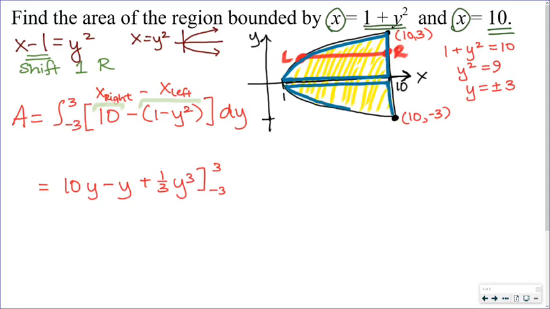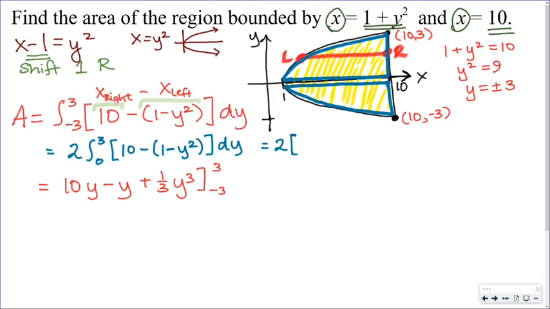So I could have just done the top half, and I could have said, well, this is the same thing as 2 times the integral from 0 to 3 of 10 minus 1 minus y squared dy. And that's kind of nice because then when I integrate it, I get 2, and then I only have to plug in a 3. A 0 is always nice to plug in.